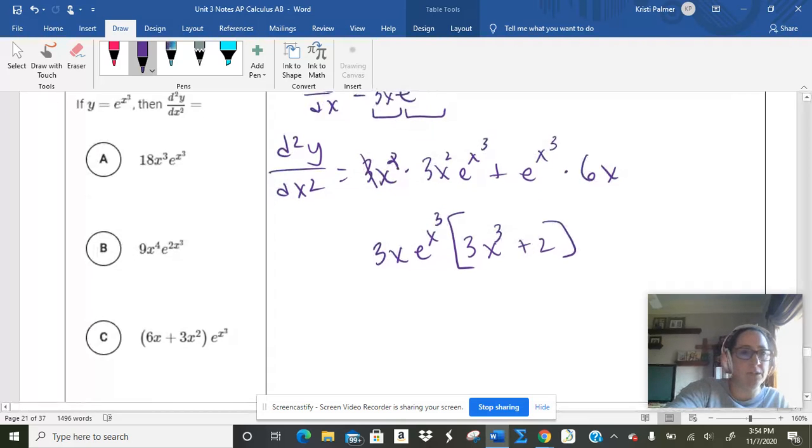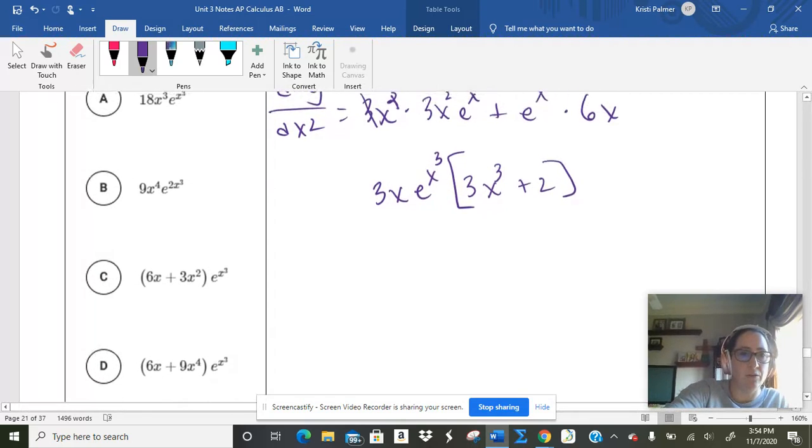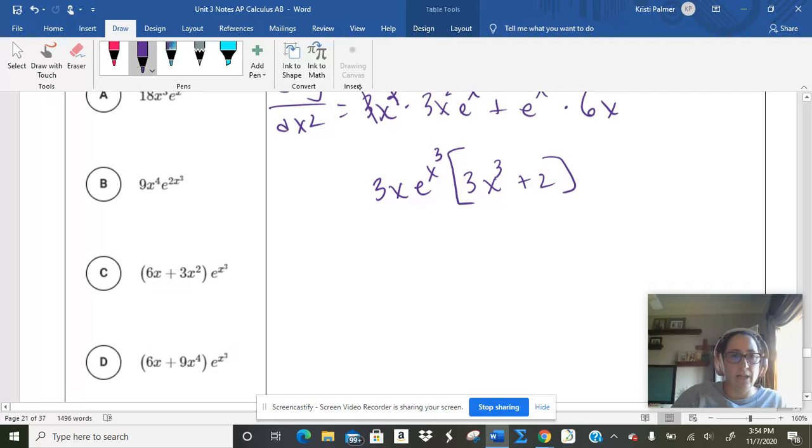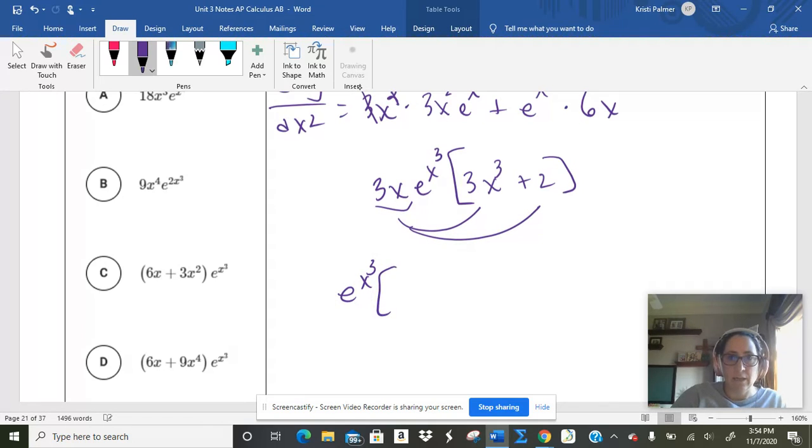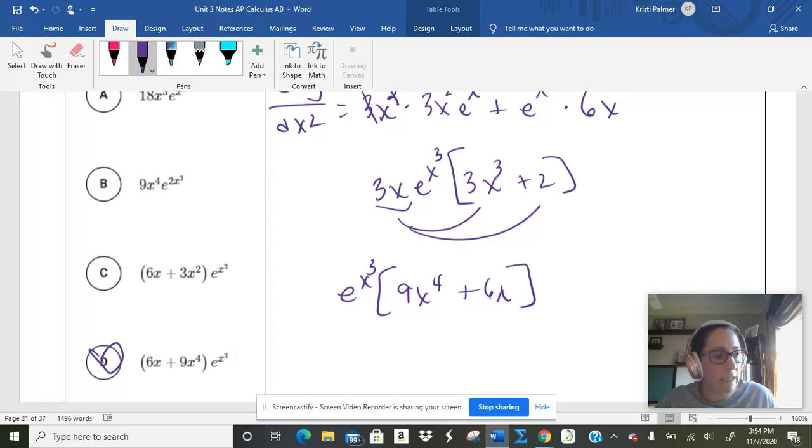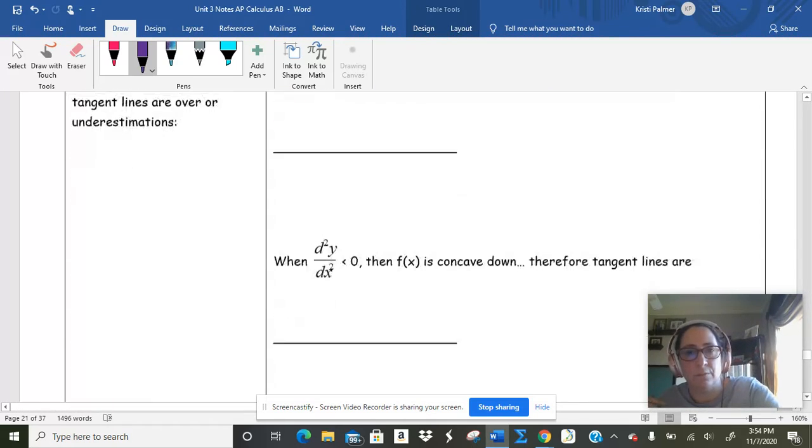Well, let's see if it wants us to match though. Okay, so if I look, they did take out an x when they factored, so I have to go put that back in and just leave this guy out. And then that would be 9x to the 4th plus 6x, and now I see it as D. So multiple choice, we just got to get to where we can match.